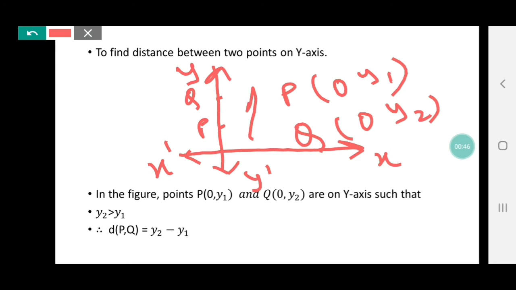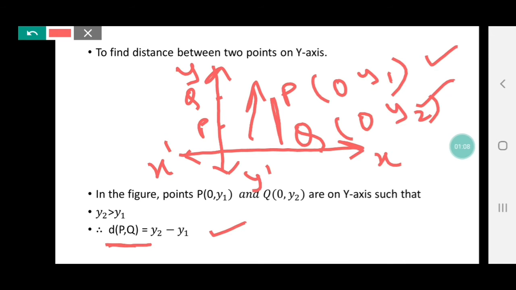As you move above the x-axis, the value goes on increasing, so y2 is greater than y1. As y2 is greater than y1, the distance between points PQ is given by y2 minus y1.